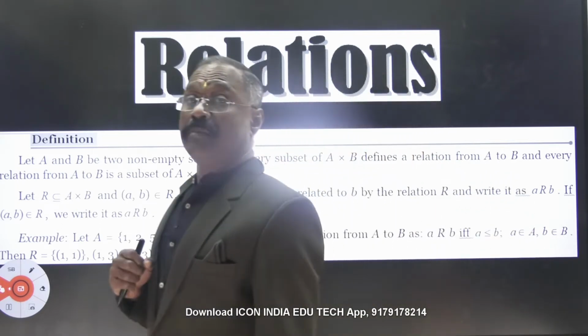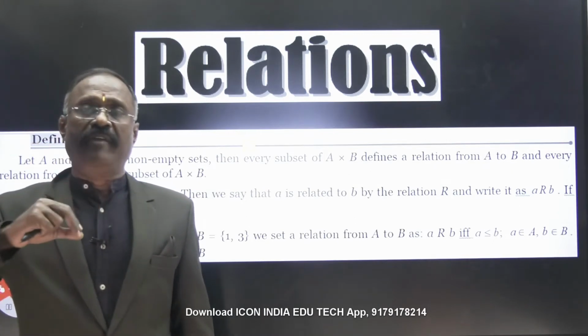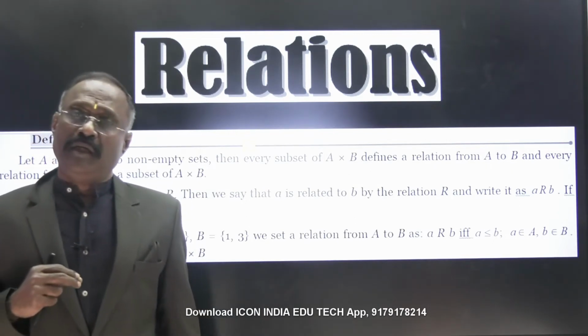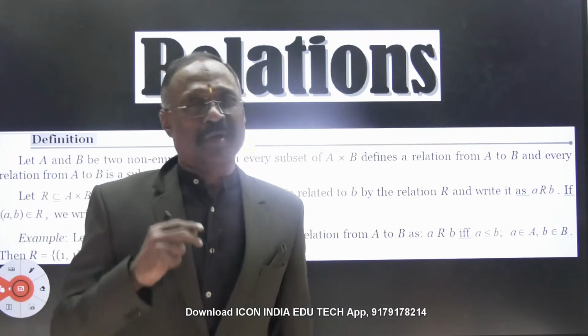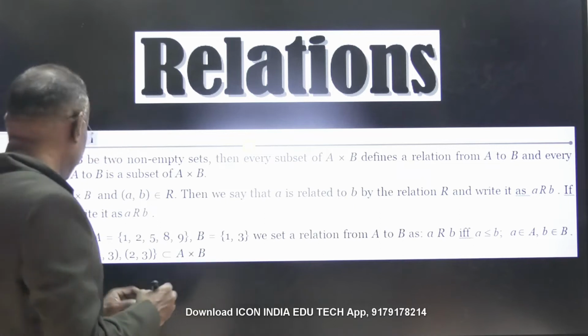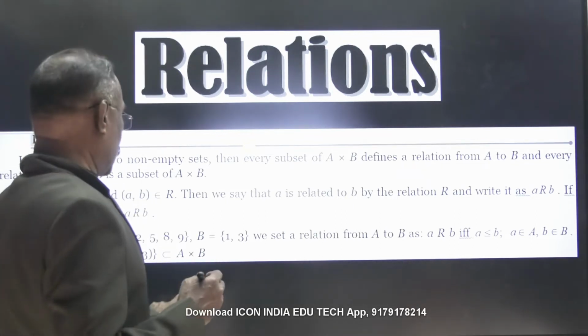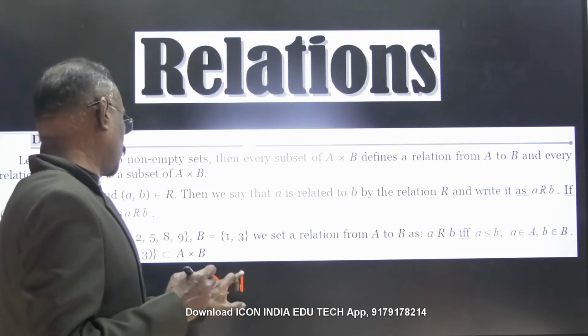That is, every element of set A is associated with every element of set B, and it is denoted by A cross B. Everyone knows that. We have seen that in the previous session.